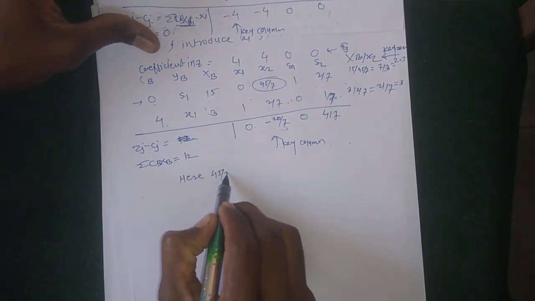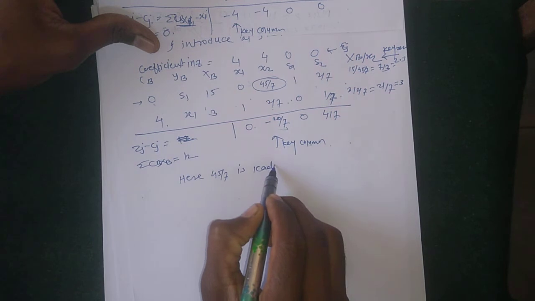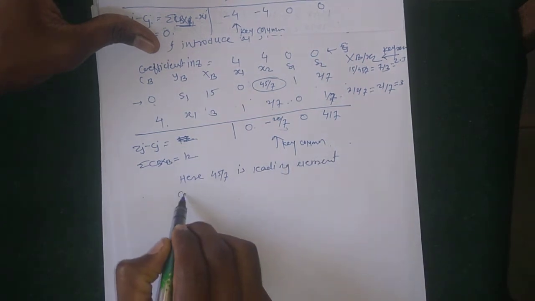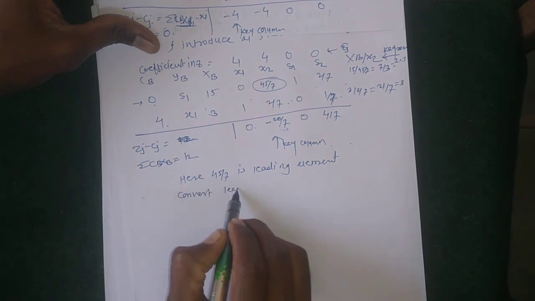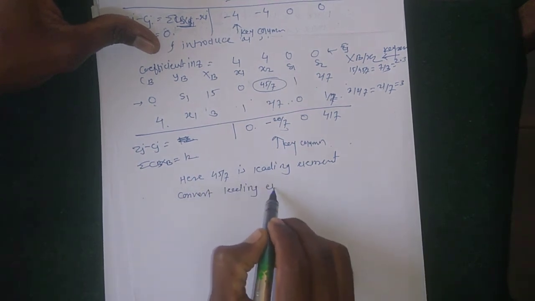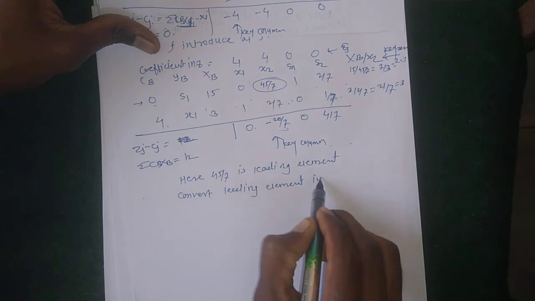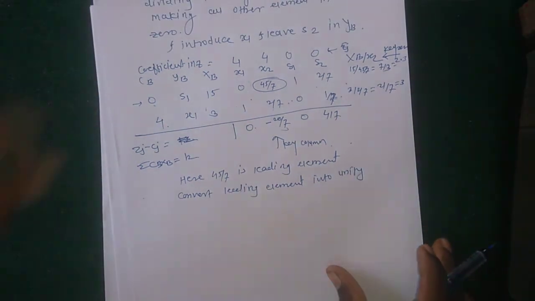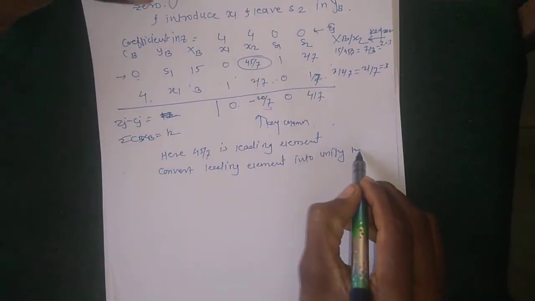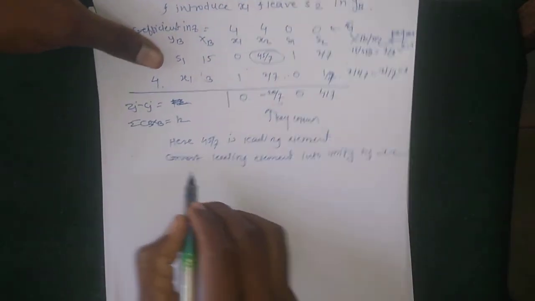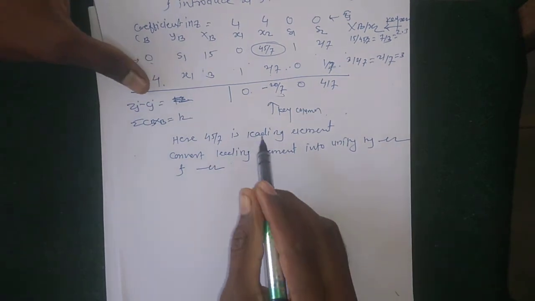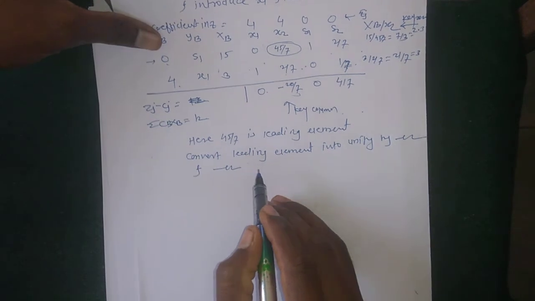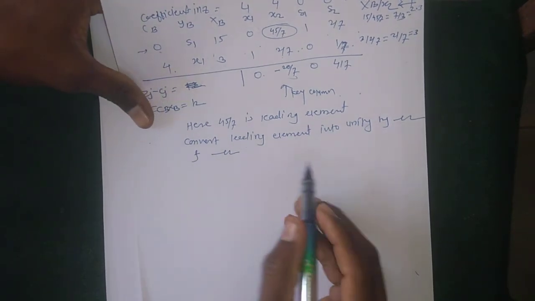Here 45 by 7 is leading element, and so convert leading element into unity by dividing itself and making all other elements in its column zero.